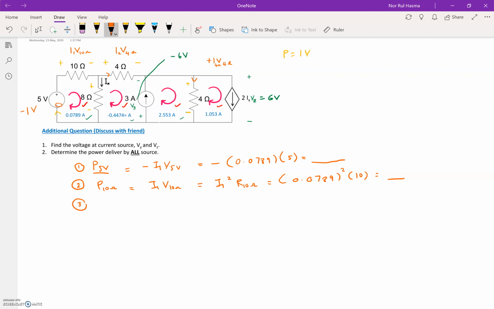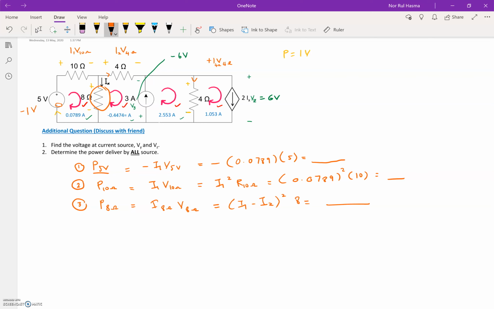For the 8 ohm here, I 8 ohm times V. So I 8 ohm is equal to I1 minus I2, squared, times R, which is 8.